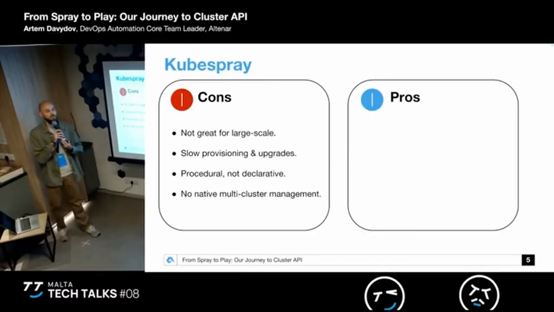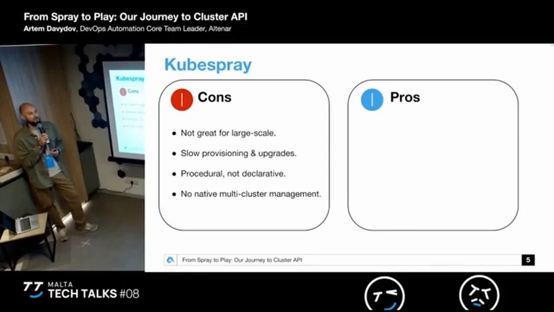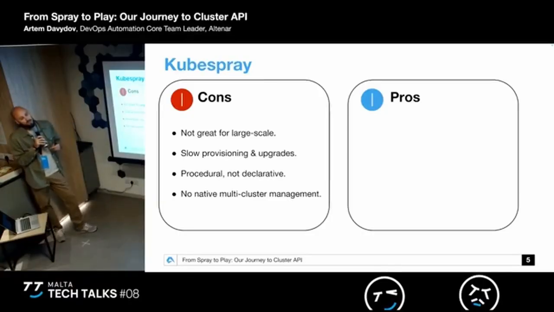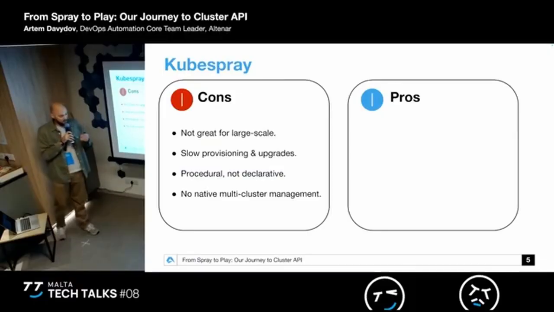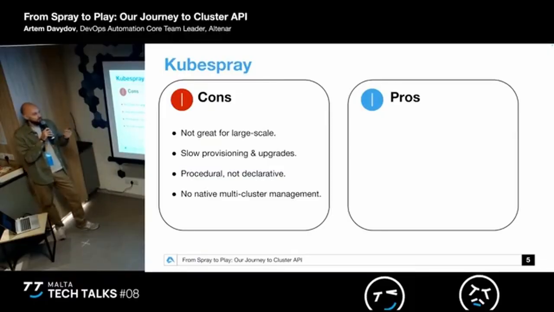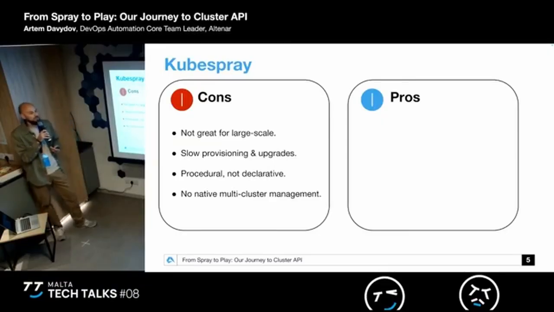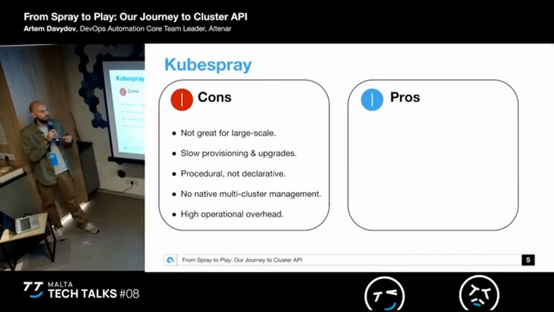If you have, as I mentioned, big Kubernetes clusters, you have to do it, for example, for 2 hours. And while you are running kubespray, you could get some errors and you will need to rerun it. So it's a very long procedure.